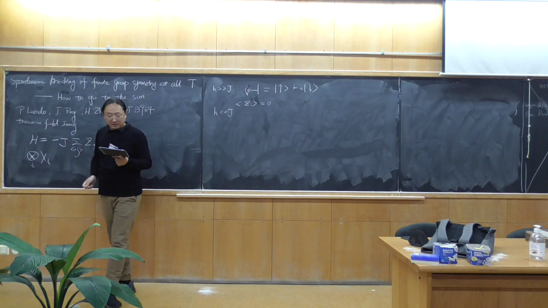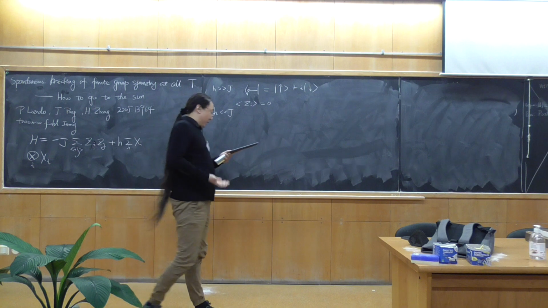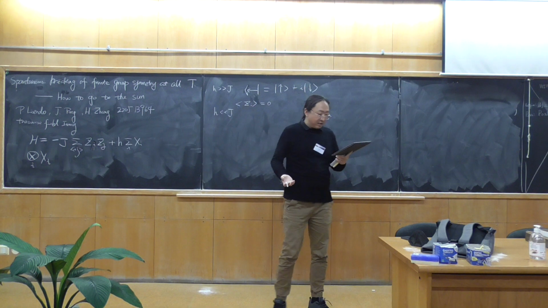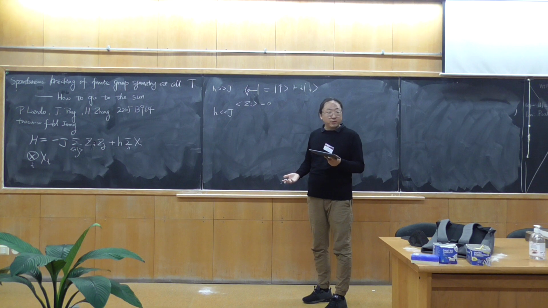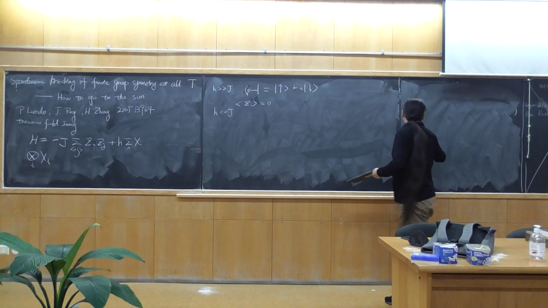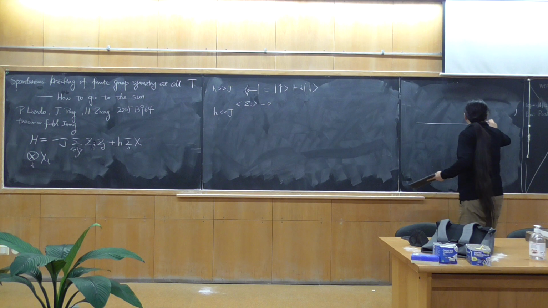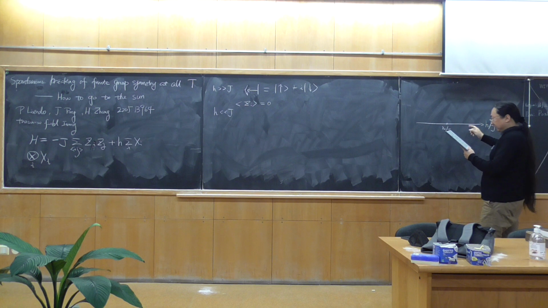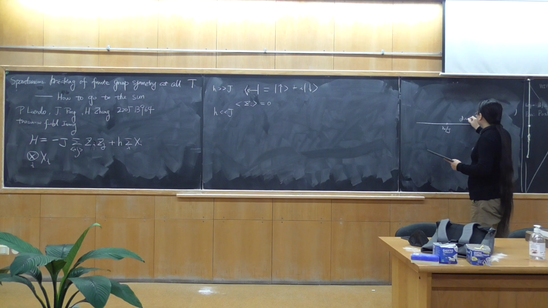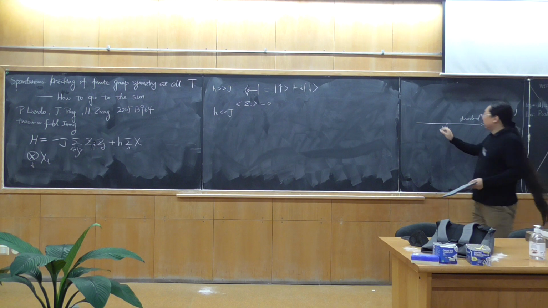Therefore, this is the state where the Z2 symmetry is broken. So let's draw some phase diagram here. This is h over g, and there's a critical h critical over g. This phase will be the disordered phase, and this phase would be the ordered phase.